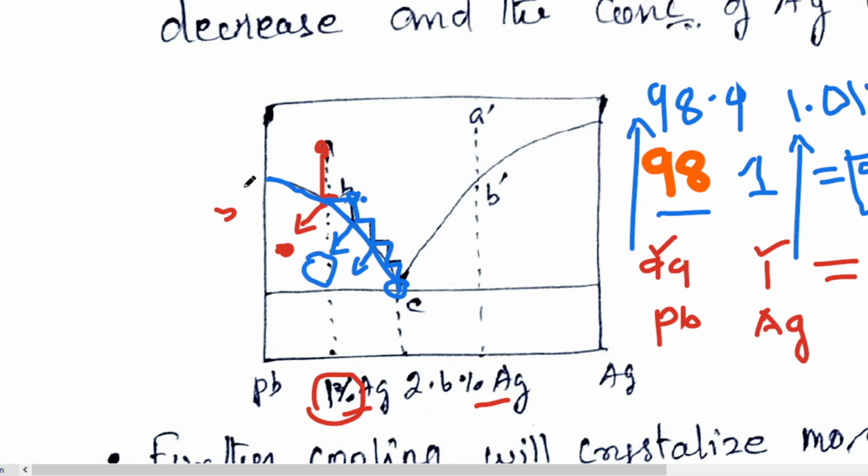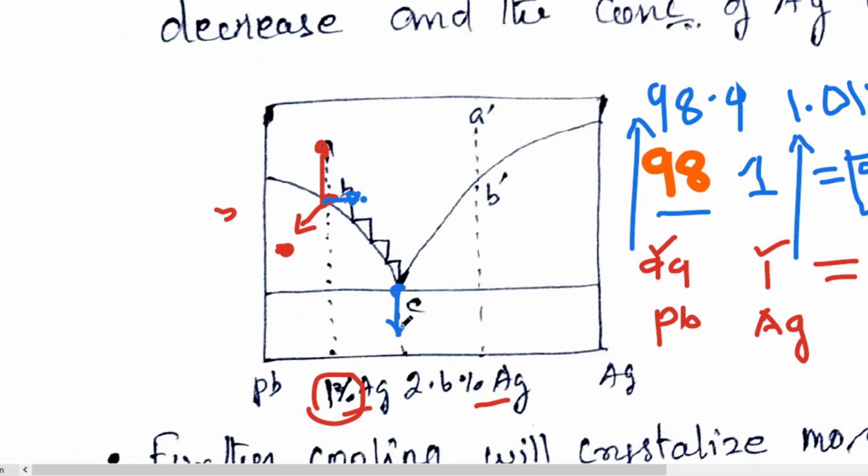Pure lead is deposited as the solid, and in the liquid melt it is silver and lead, where the concentration of silver keeps on increasing and the concentration of lead keeps on decreasing, until the system reaches the point C. At this point, if I lower the temperature further, all the liquid will become solid.